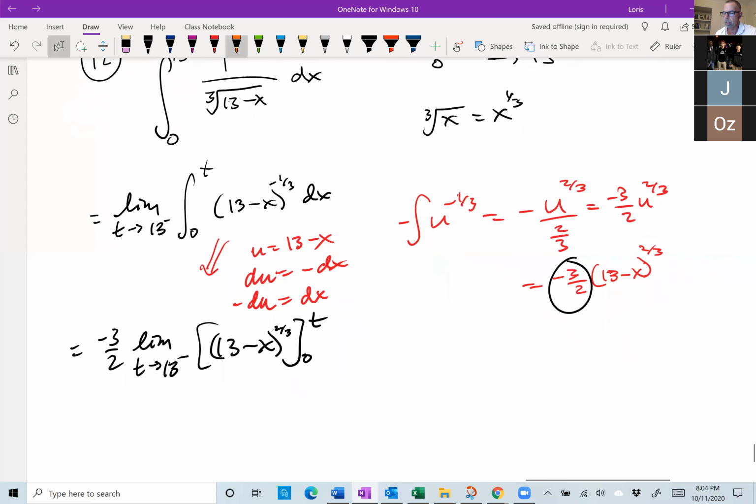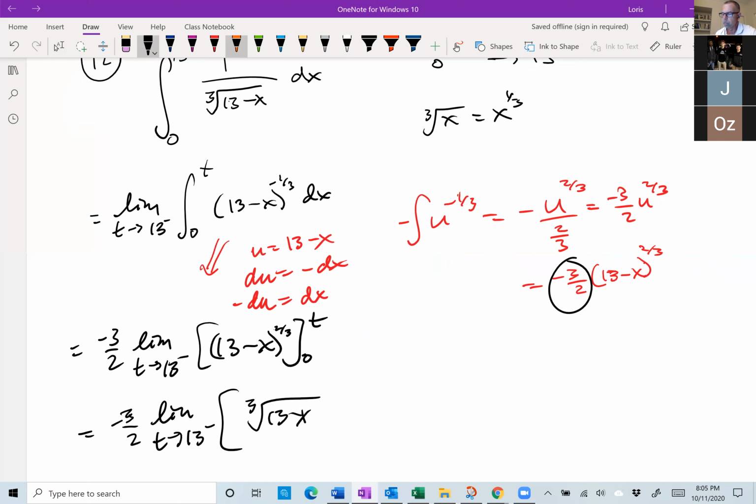So it's negative 3/2 times the limit as t goes to 13 from the left of the cube root of 13 minus t squared, and then minus, when I plug in 0, I get 13 to the 2/3 power, the cube root of 13 squared.